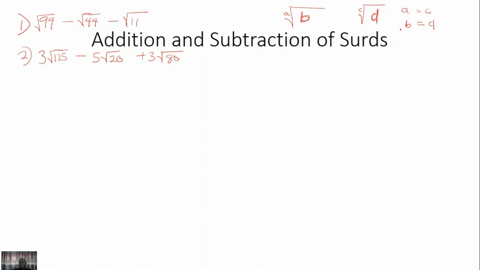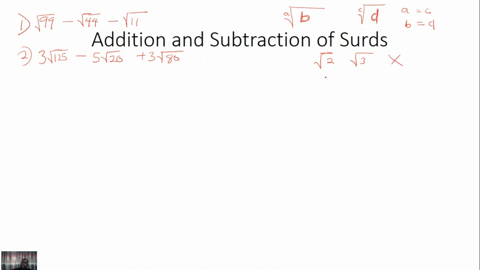For example, if you have square root of 2 and square root of 3, in mathematics we don't put these two together, okay. If you have these two expressions, you cannot add them together, okay.